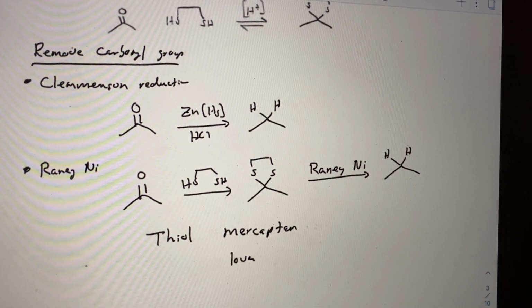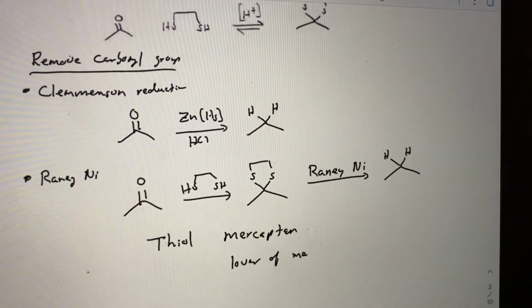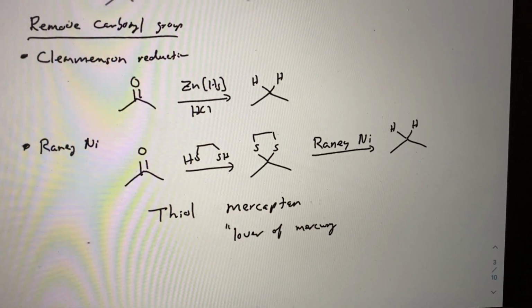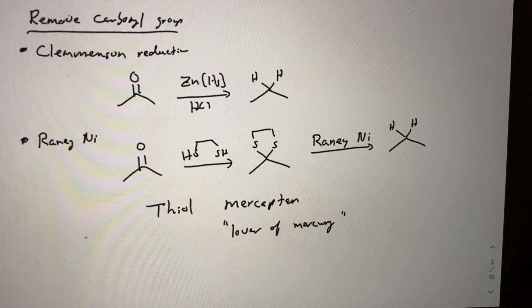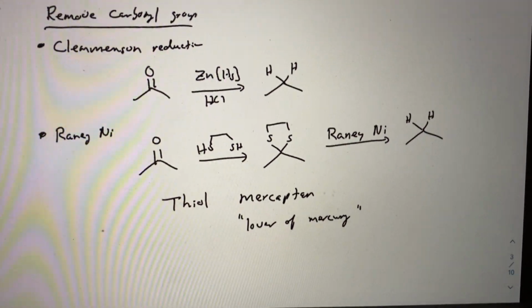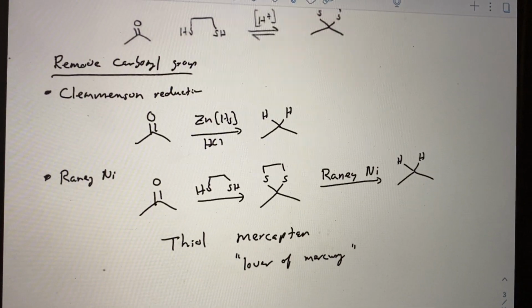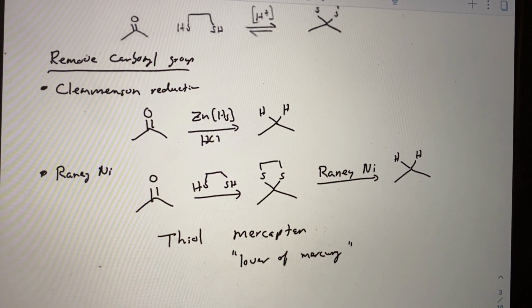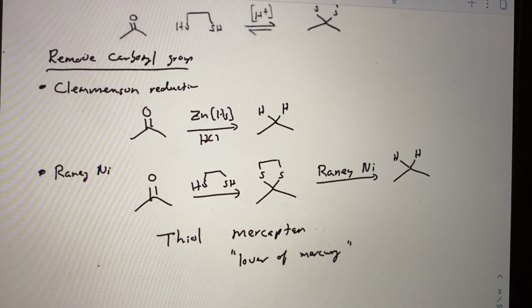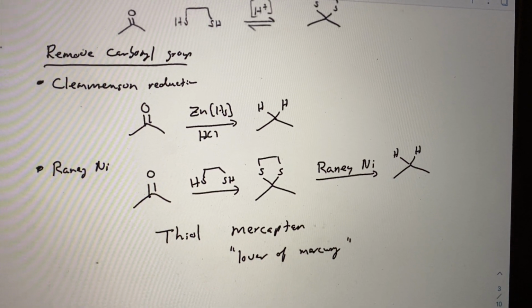It's like a lover of mercury in a way, because you know how nucleophiles and electrophiles have their names, and so the mercapto species or mercaptans, they really like to interact with mercury, and it has to do with what's known as the softness of the sulfur and it's what's known as a soft metal, which you may have seen in Gen Chem or something like that.